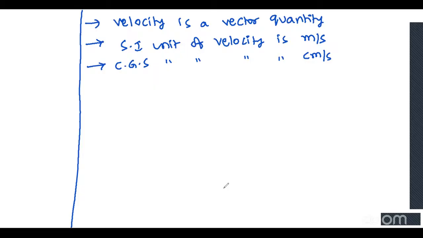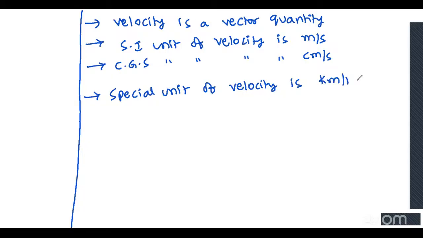And we have a special unit of velocity, which is kilometer per hour.